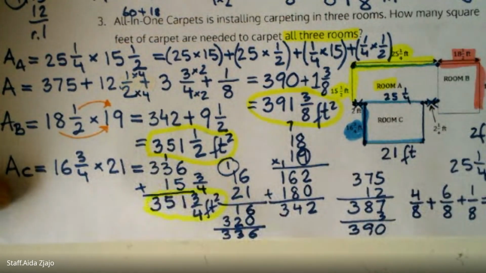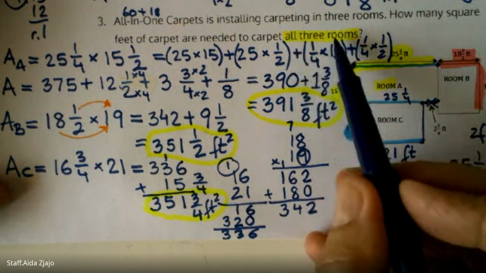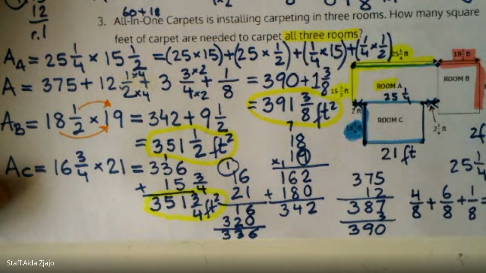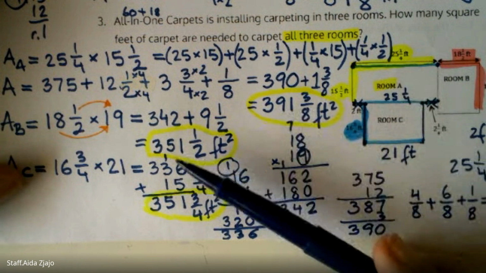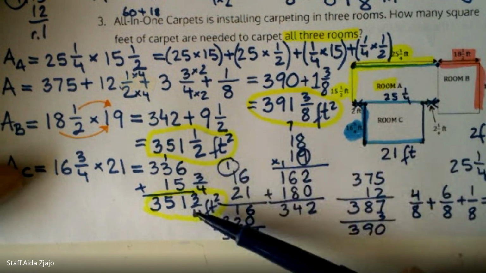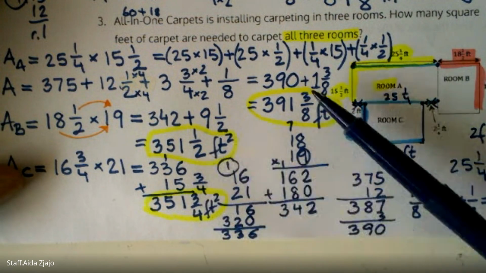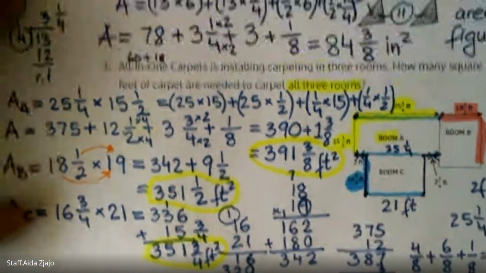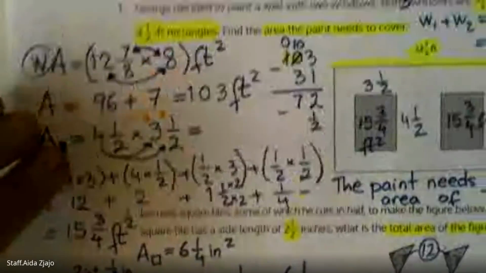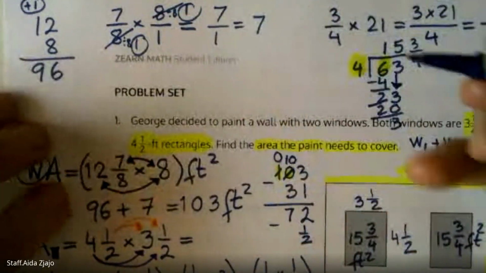Now I need to figure out all three together, the area of all three rooms. Okay, let's do it. I'm gonna add the wholes first, and then I'm gonna add the parts. Good? Okay, I'm going to use my little tiny paper right here on the top.